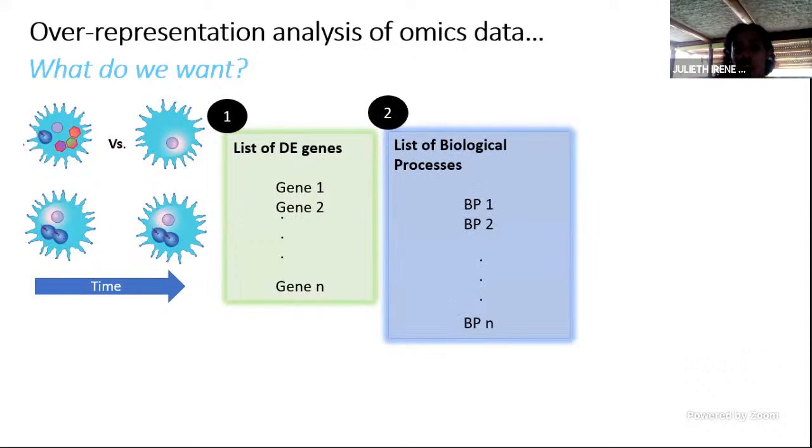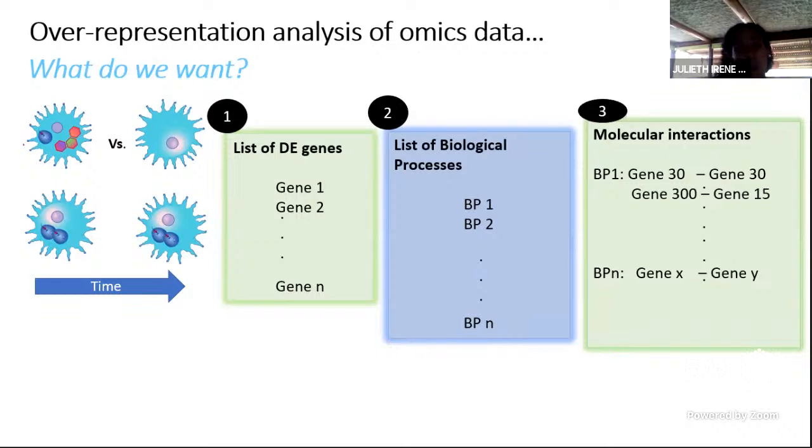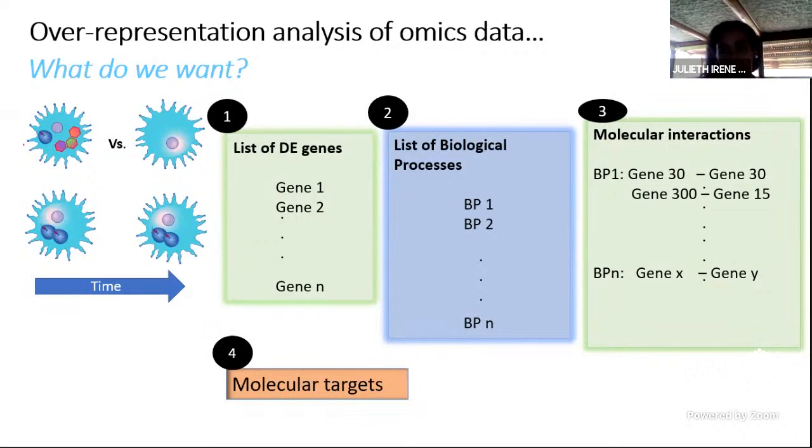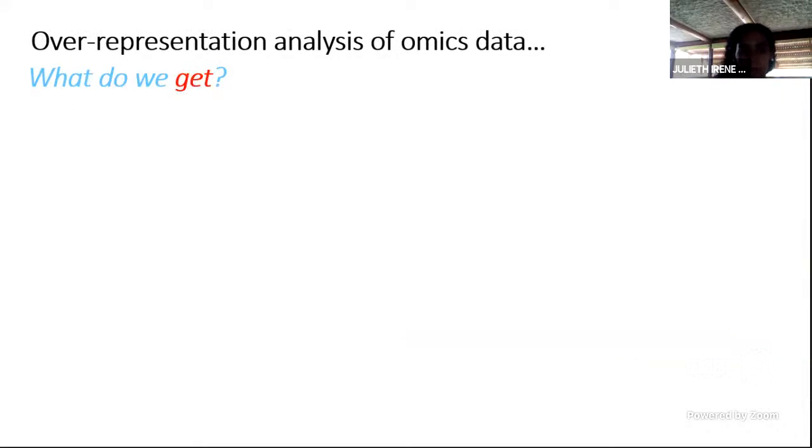And what we want is going from that to a list of biological processes, but it's also important the molecular interactions. That is why we are here to display the networks, because knowing how those interactions are occurring under the context of biological responses is a nice pipeline to identify molecular targets. That is basically what, at the end of the day, many of us want.